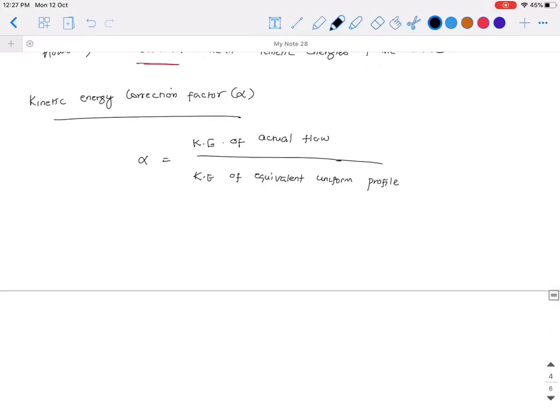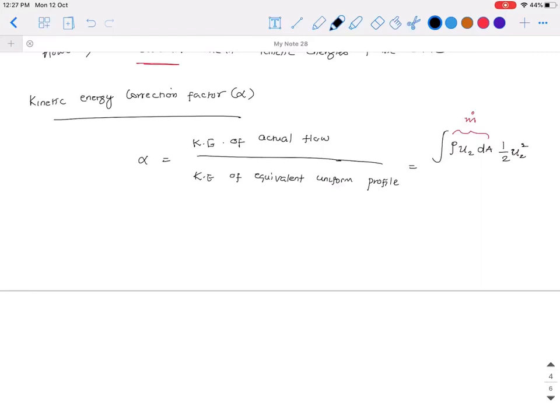The kinetic energy of the actual flow is given by the integral of rho u2 dA, which is the mass flow rate m dot, times half u2 square.